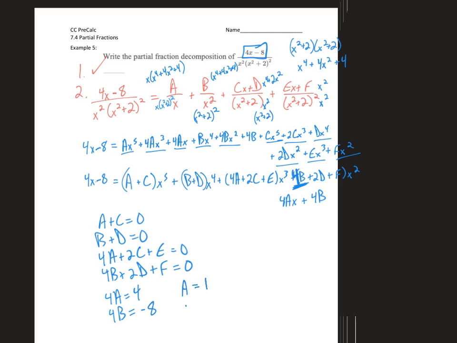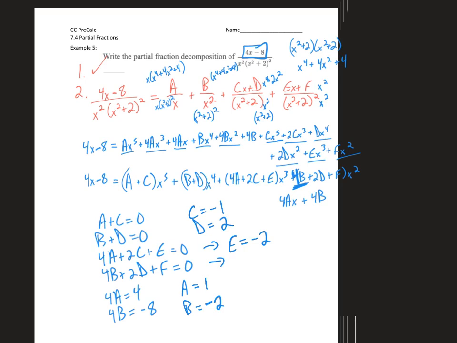Okay, so A is 1, B is negative 2. Yikes. If A is 1, C is negative 1. If B is negative 2, then D is positive 2. Then here, if A is 1 and C is a negative 1, so that's a 2, E is a negative 2.